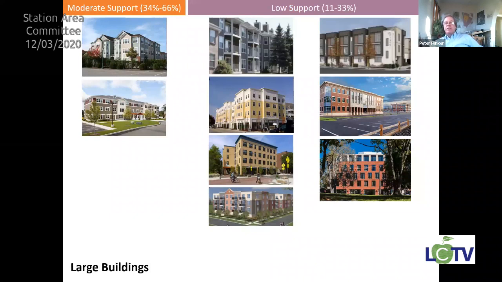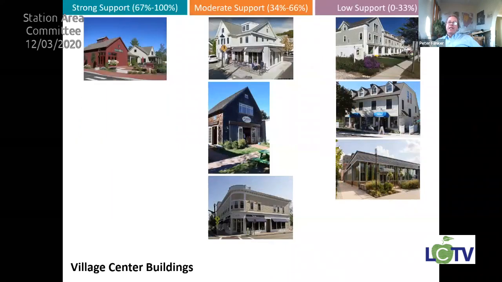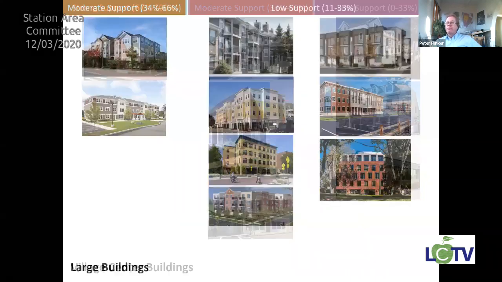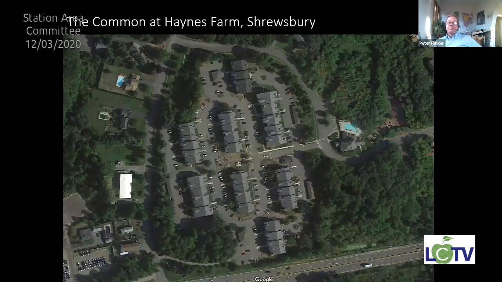Well, yeah, where I'm going with this is you have to make a decision. If we have guidelines that say the only thing we want is the stuff that got strong support, nobody's going to build it. And I put in a couple of examples here of the kind of thing that people are going to want to build.